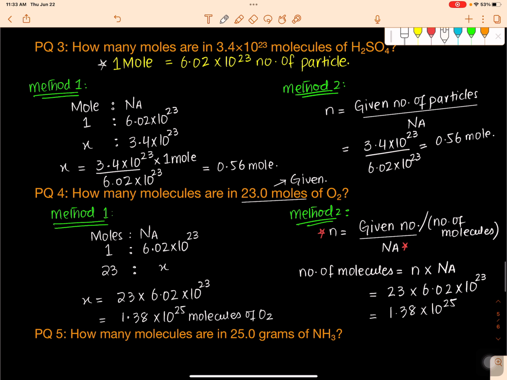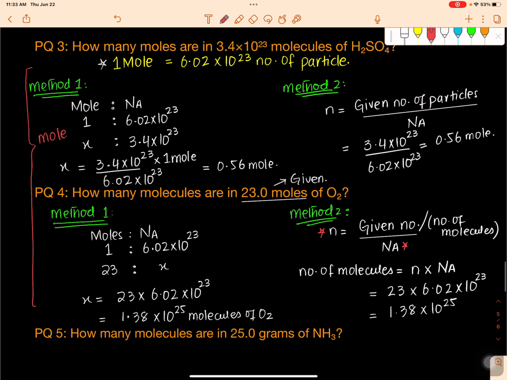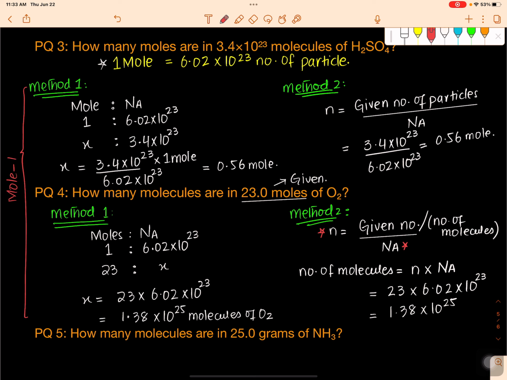So in these two problems, we did the mole and Avogadro's number interconversion.